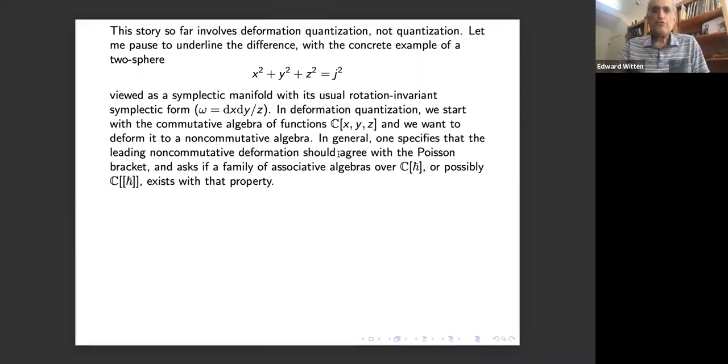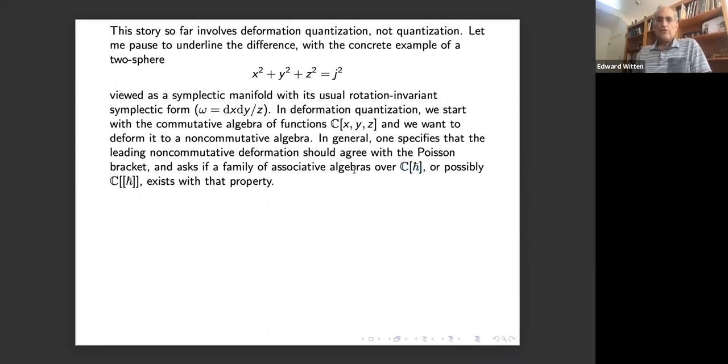In general, what you usually consider in deformation quantization are deformations parameterized by a parameter h bar. But there are 2 cases. H bar might be a formal parameter and you consider only formal power series. Or h bar might be a more honest parameter, and then you consider a deformation where h bar could be set to a numerical value.